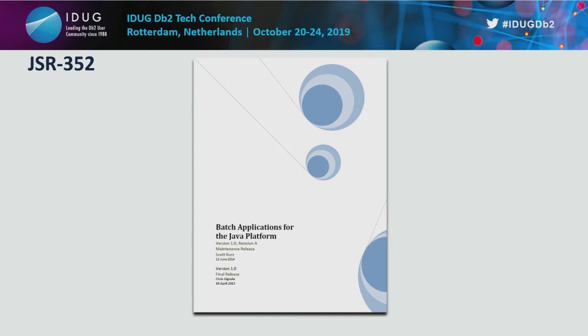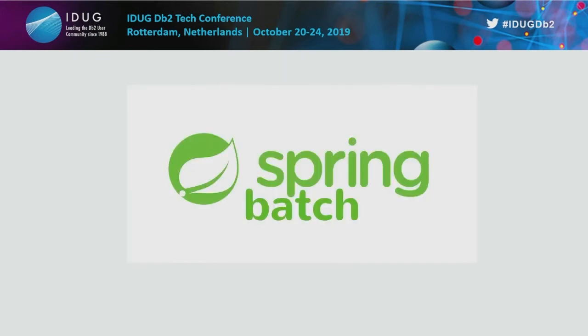And it was kind of successful. Spring Batch was also part of this standard. They did the reference implementation for the JSR 352. And in version 3, they had a full implementation of the standard. So it is fully standardized in Spring Batch. Again, Spring Batch was the reference implementation of that.